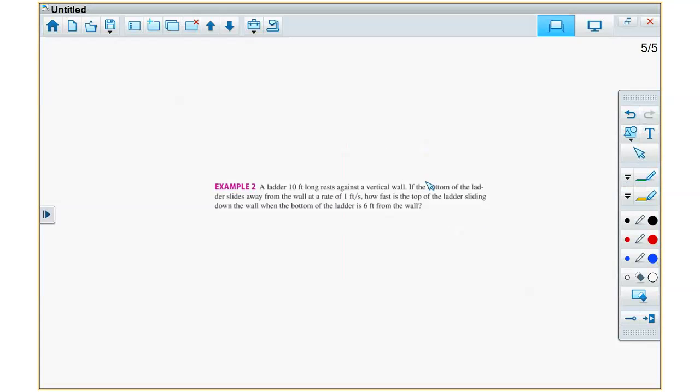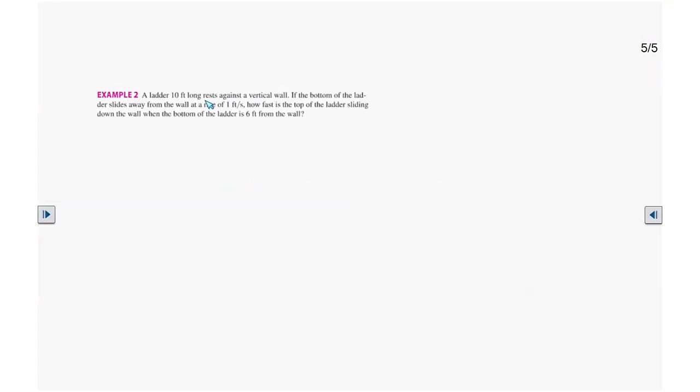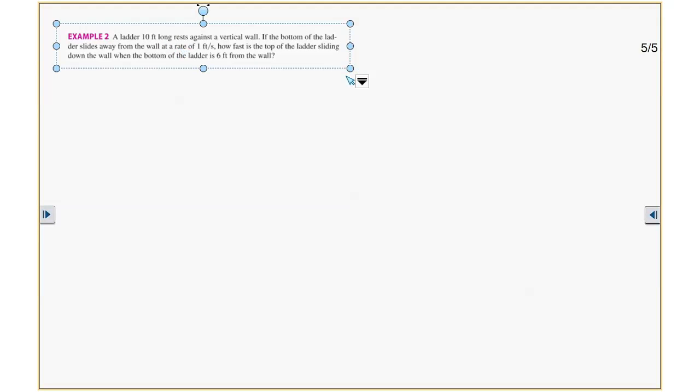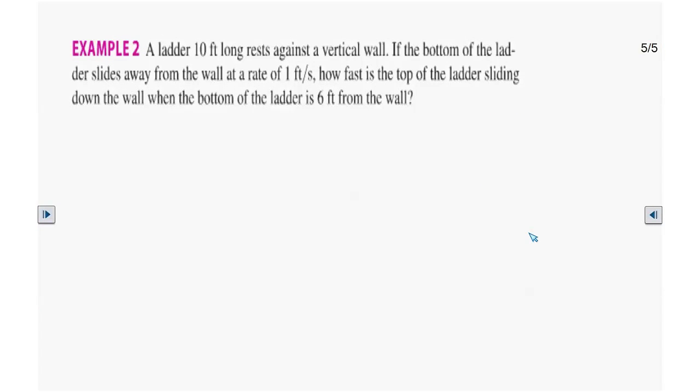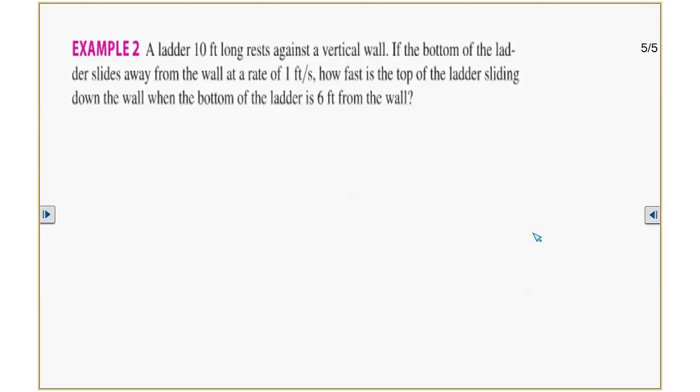All right, write that one down, draw it out. And of course, we're going to be working with the Pythagorean theorem. That's why I wanted to show this one first, because this one is just straightforward Pythagorean theorem.